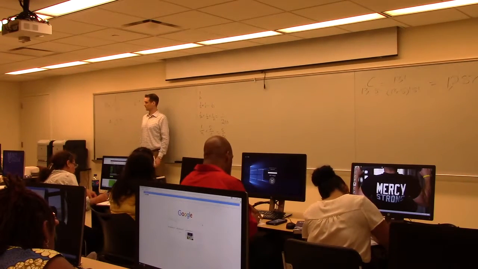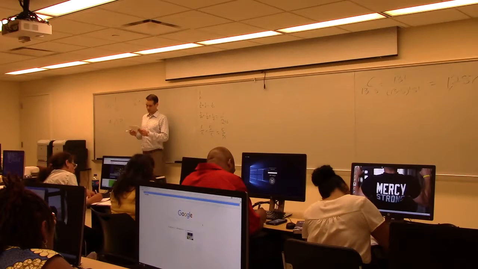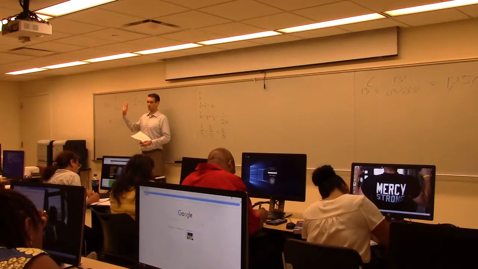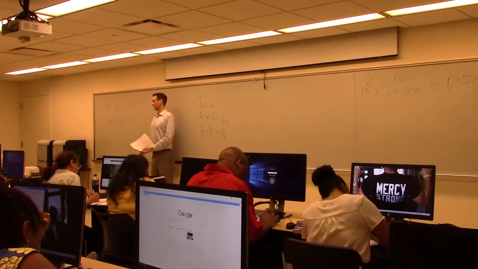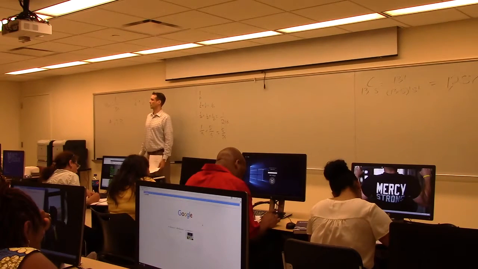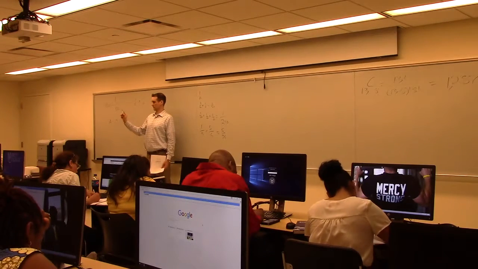Make sense? All right. What is the probability of rolling a 6 and then not rolling a 6 3 times? So we got 4 rolls. I want to roll a 6 the first time, and I don't want to roll a 6 the second, third, or fourth time. Are you doing 5 over 6 times 5 over 6 times 5 over 6, times 1 over 6?